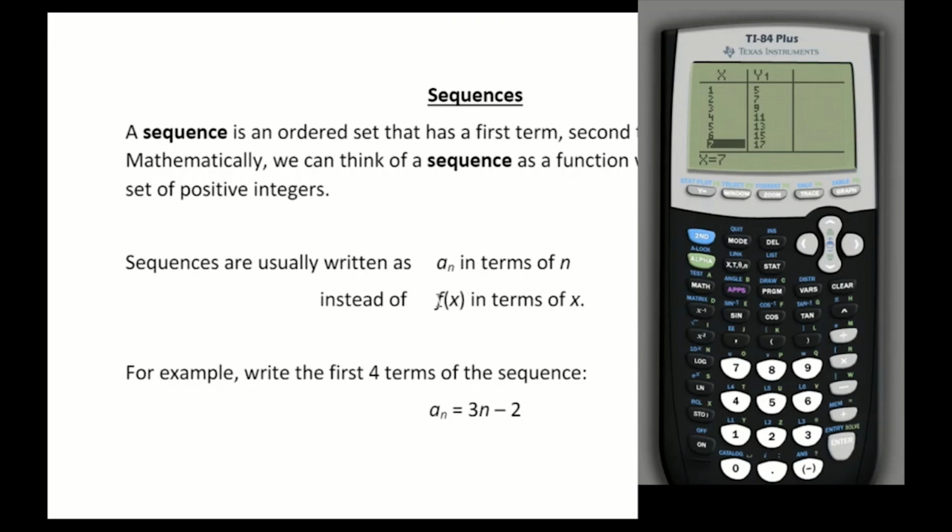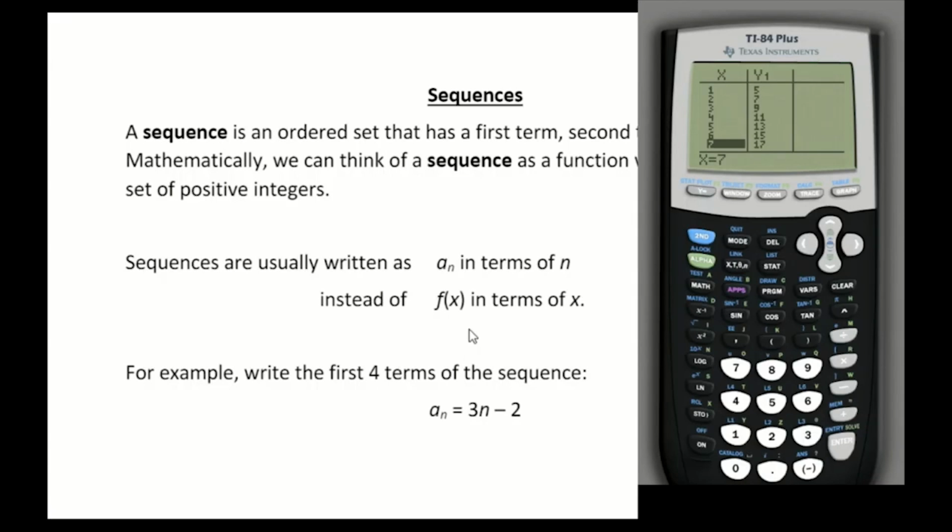So instead of writing f of x in terms of x, we'll write a sub n in terms of n. We'll use this little subscript to denote what the independent variable is. And usually it'll be n rather than x. And this is just a convention to remind you that these inputs have to be integers rather than just any old real number.